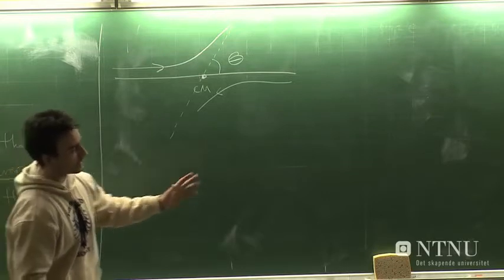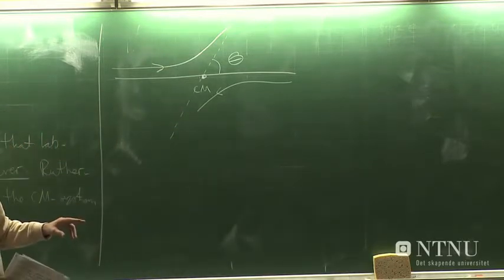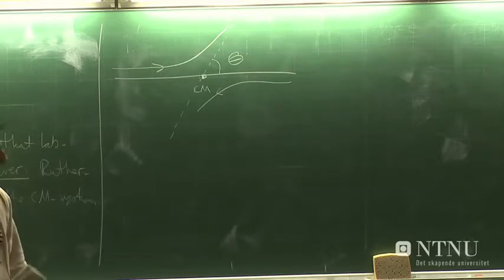So it makes sense that this formula should also be valid in the center of mass system, due to the fact that it's only the relative distance between the particles that matters.